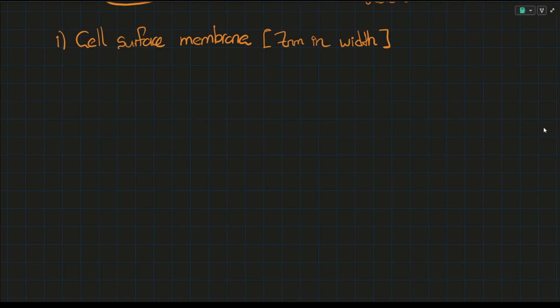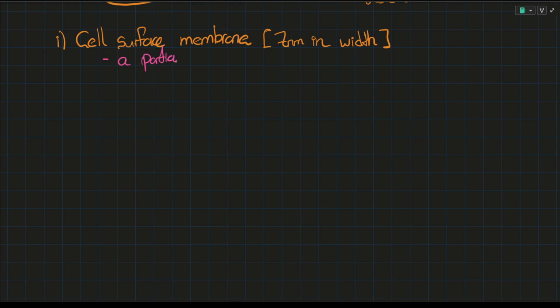How exactly would I describe the cell membrane? I will describe the cell membrane like this. So if there was a 2-mark question asking you to define what is meant by the cell surface membrane or describe the cell surface membrane, this is exactly how you would write your answer.